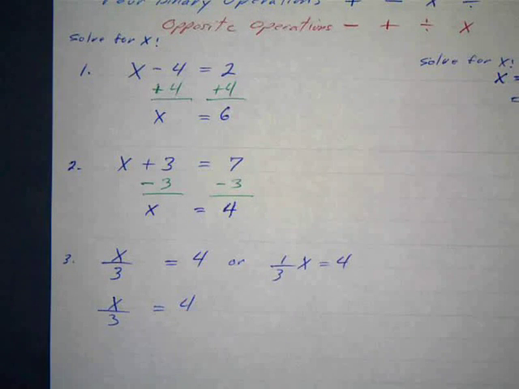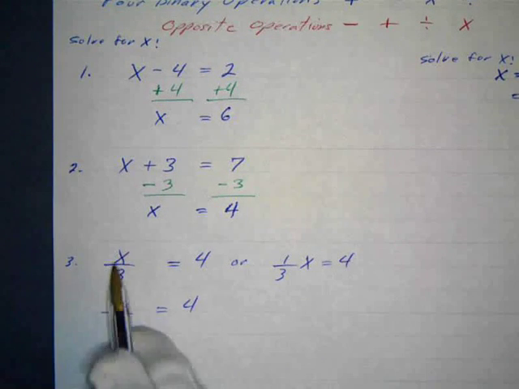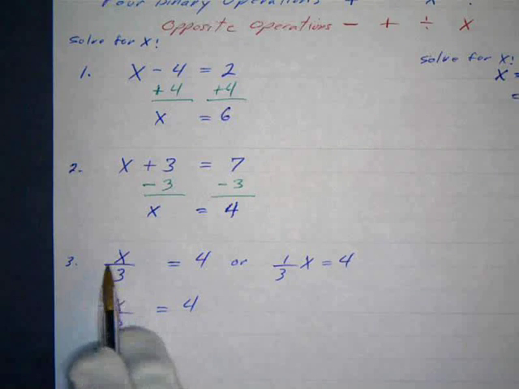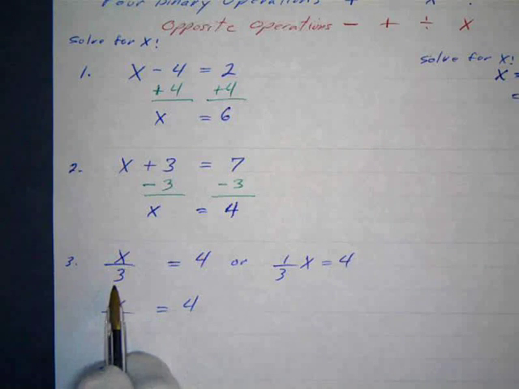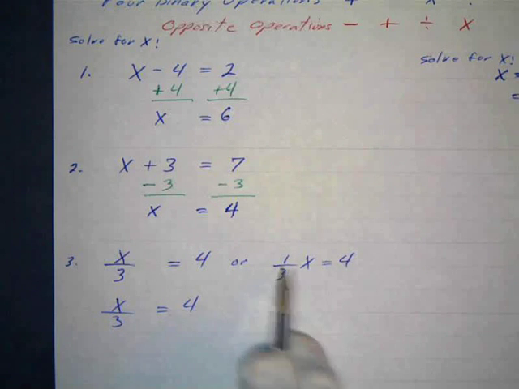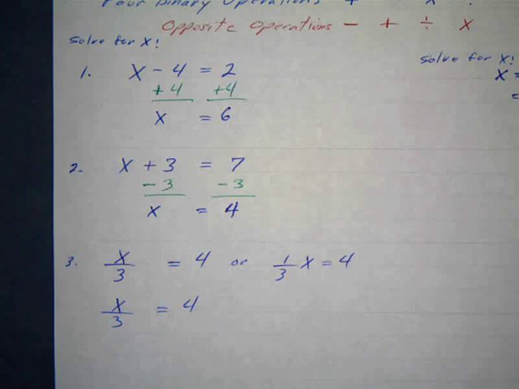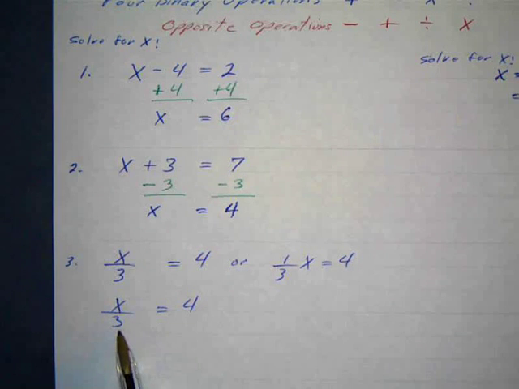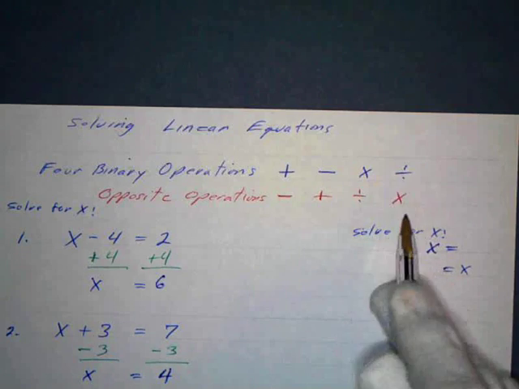Okay, number 3. This is x over 3, or x divided by 3, the quotient of x and 3. So that's going to be division, and that equals 4. You could also write it like this, 1/3 of x equals 4. In either case, since the 3 is on the bottom, it's joined to the x by division. And the opposite of division is multiplication, so that's how I'm going to remove it.